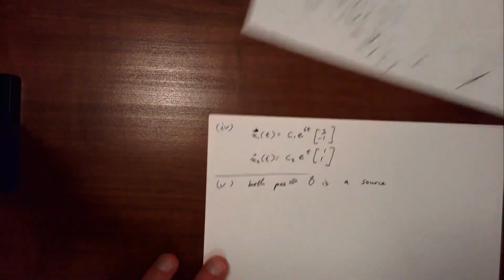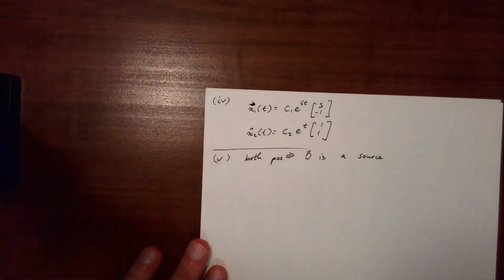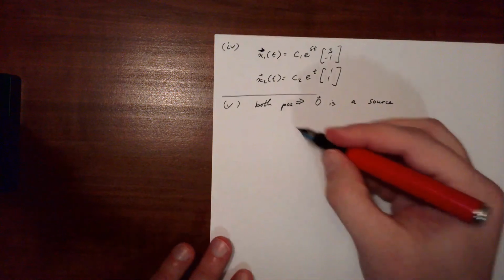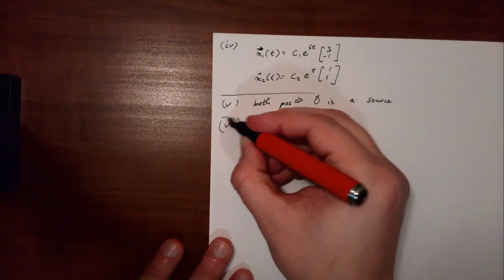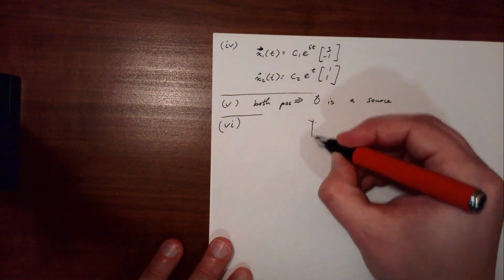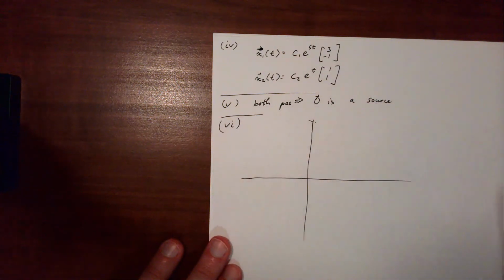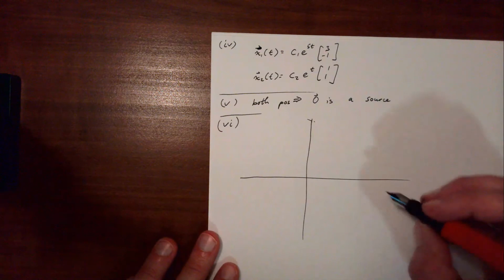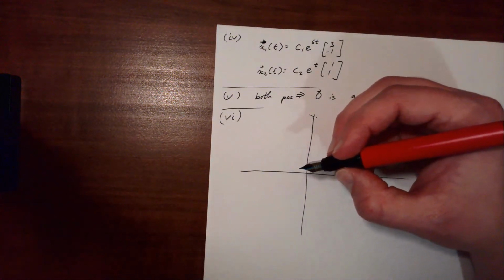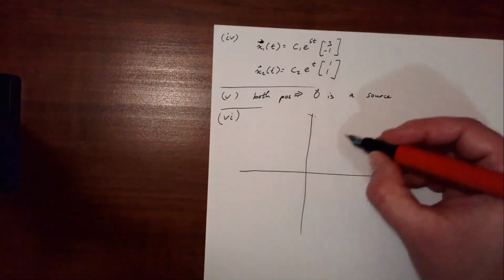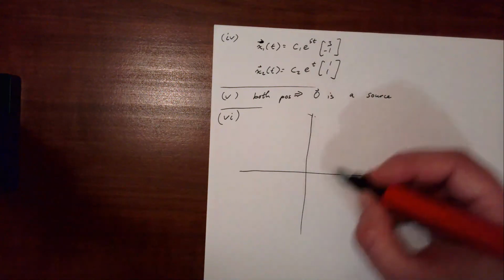Okay, now we get the fun part. We get to actually sketch the phase plane here. The important thing to remember, well, I guess one of the important things to remember is that all of the solutions here are going to be coming out of the origin.